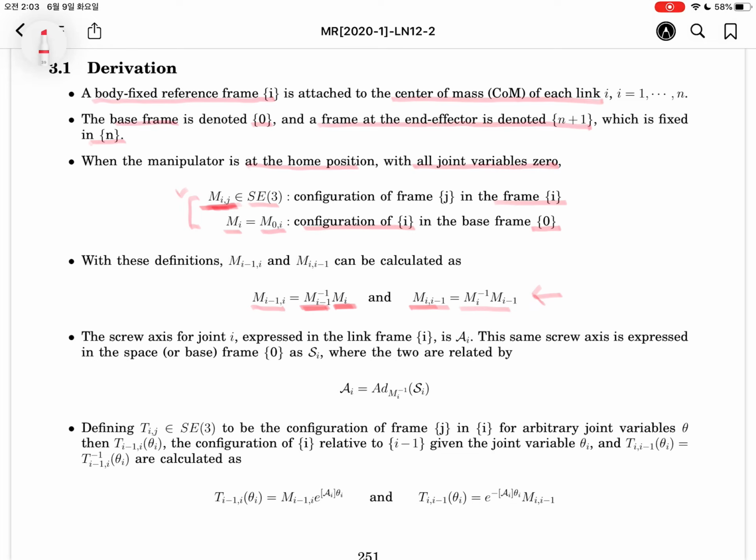The screw axis of joint i expressed in the link frame i is denoted by A_i. So A is constant. The screw axis A is constant.